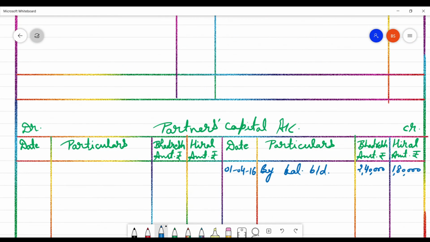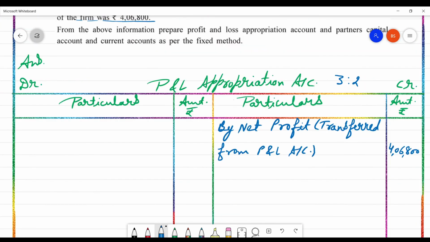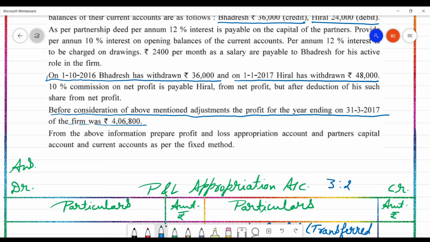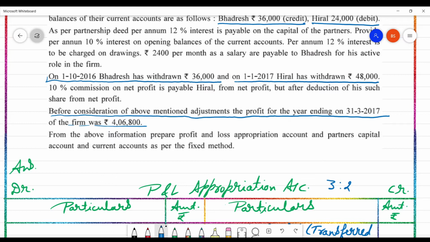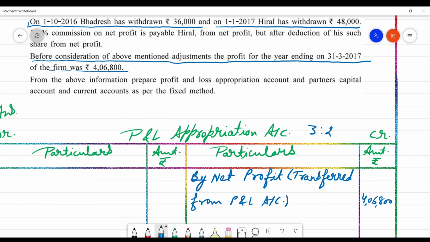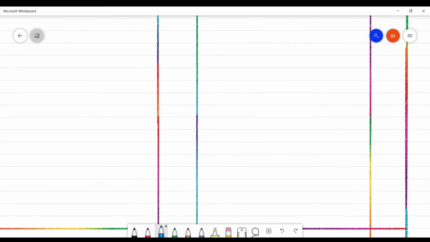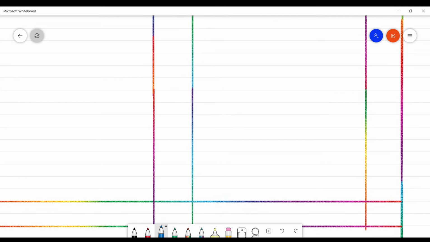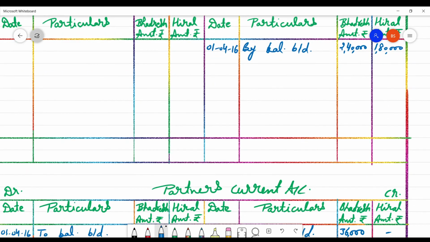Next, we will study the sum. We will go through the adjustments which is given in the first paragraph. As per partnership deed, per annum 12% interest is payable on the capital of the partners. We will see the capital from partners' capital accounts credit side, but interest on capital will be put in the credit side of the current account.